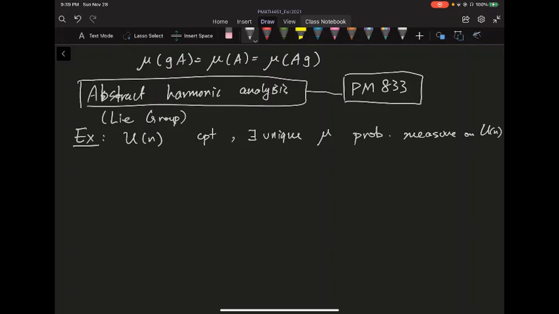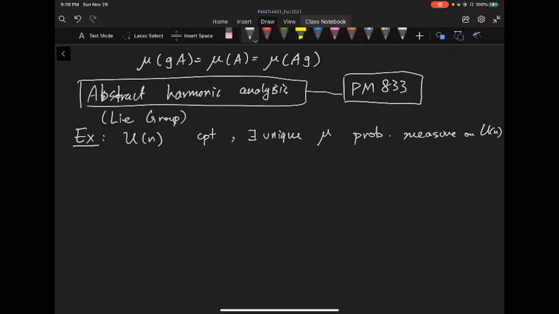One way you can think about this probability measure is that it gives you a probability of randomly picking a unitary matrix. If you want to pick a random unitary matrix, what does it mean by random?